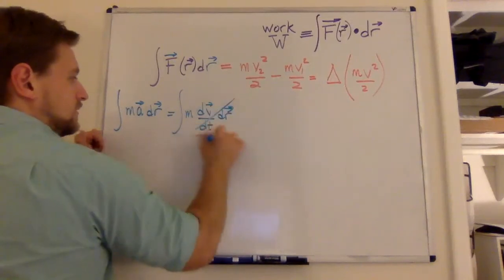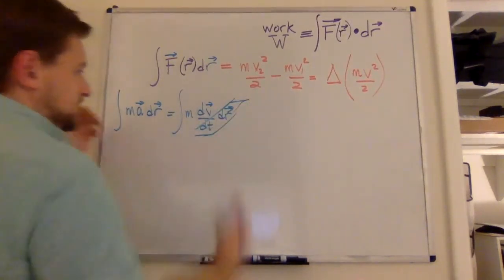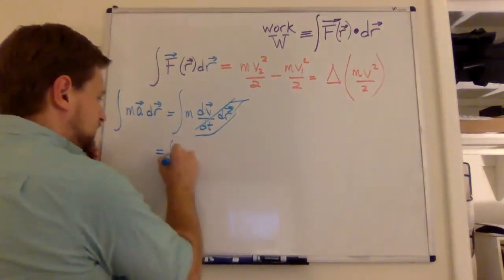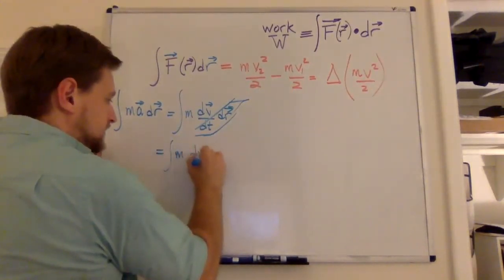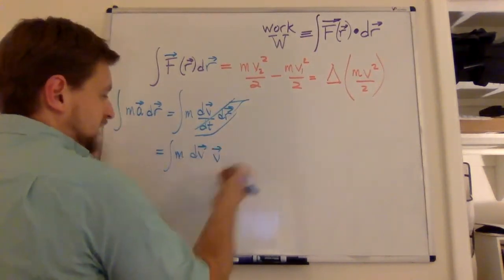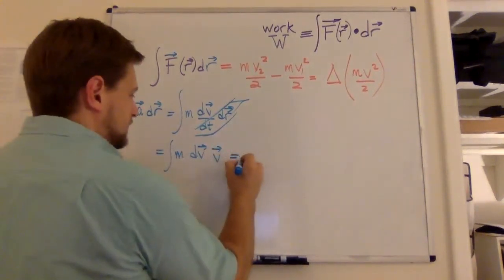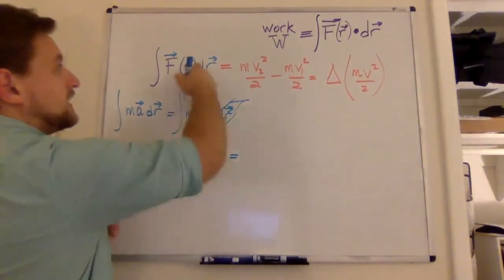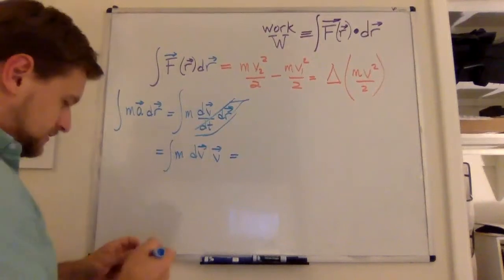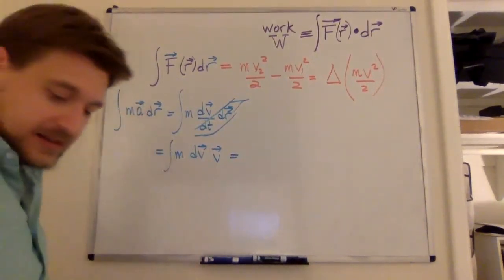But dr over dt, that's v by definition. So this is the integral of m dv vector, v vector. Oh, wait a minute. I forgot the dot product. If I put the vectors back, I need the dot product. You've got to stop me when I do stuff like that.